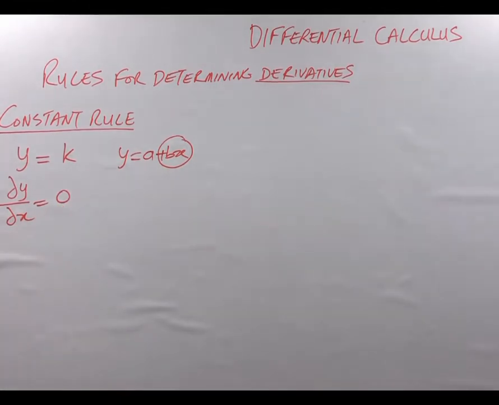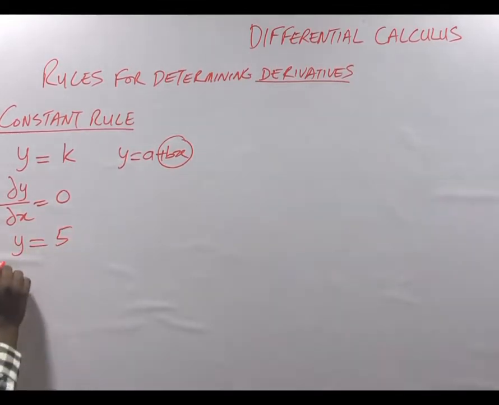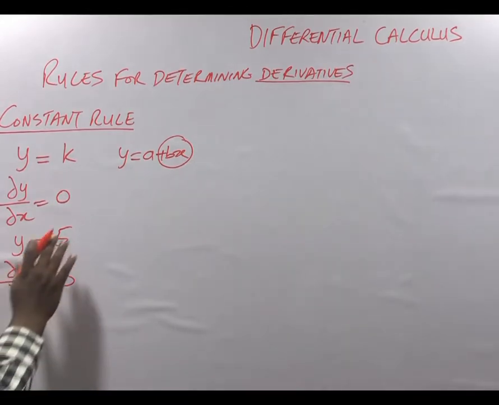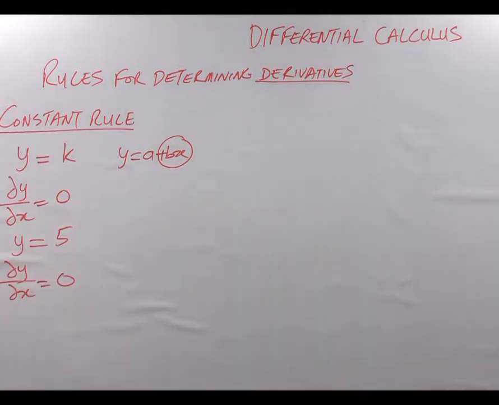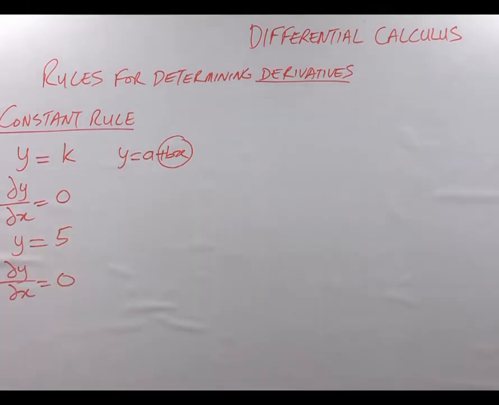Based on that, if you have a function given as y is equal to 5, dy dx will be equal to 0. Whatever it is, if you have a function that is just a constant standing on its own, the derivative of a constant will be 0. That's the first rule of derivatives.